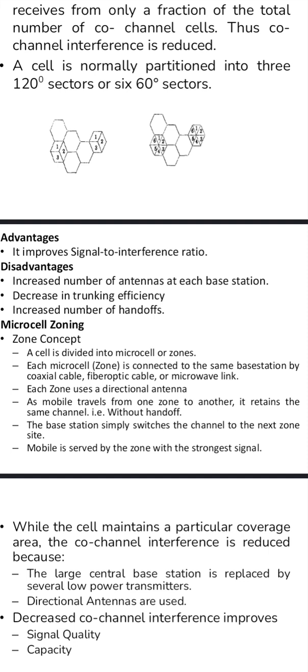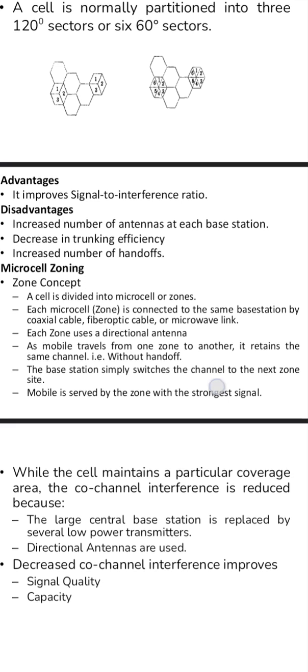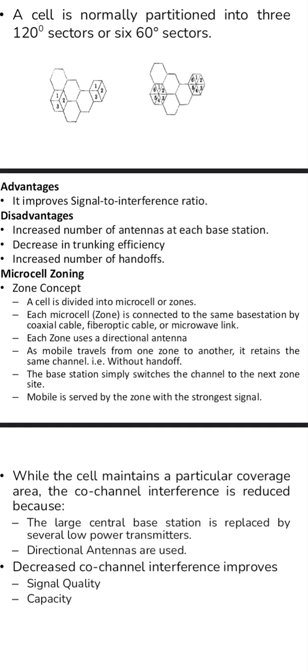Each zone here uses a directional antenna. As the mobile travels from one zone to another, it retains the same channel, that is, without handoff. The base station simply switches the channel to the next zone site. The mobile is served by the zone with the strongest signal.